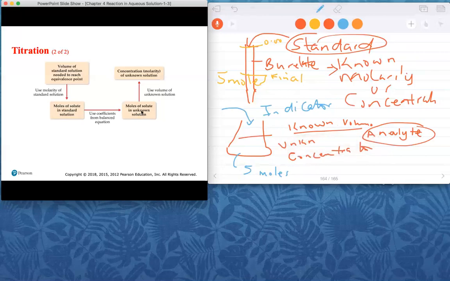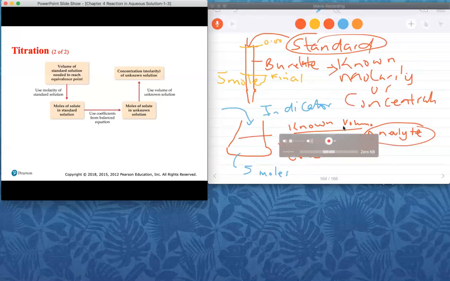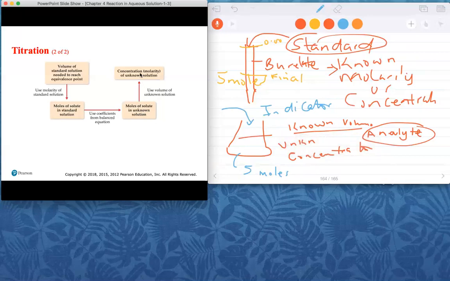You use the moles from the mole ratio and the volume of your analyte to find the molarity or concentration. Please don't make your life complicated thinking that molarity and concentration are different terms. Sometimes "find the concentration" can be used interchangeably with "find the molarity." It's the same thing.